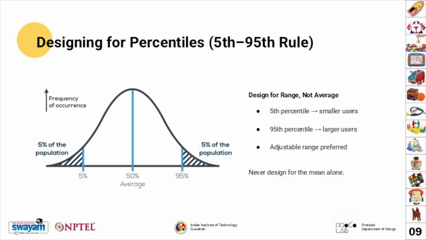First, design for the smallest when it comes to reach and control. Second, design for the largest when it comes to space and clearance. Good ergonomic toy design balances safety, comfort, and inclusivity across the full range of children in your target group.